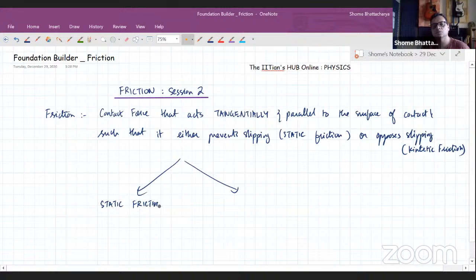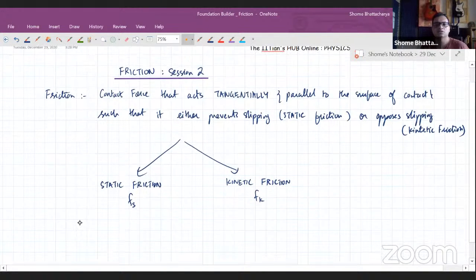Generally we denote static friction in a free body diagram with the symbol small f with S. In general, small f stands for friction in a free body diagram, and S or K will be given as a subscript to denote whether it is static friction or kinetic friction. So static friction, what situation does it act in?